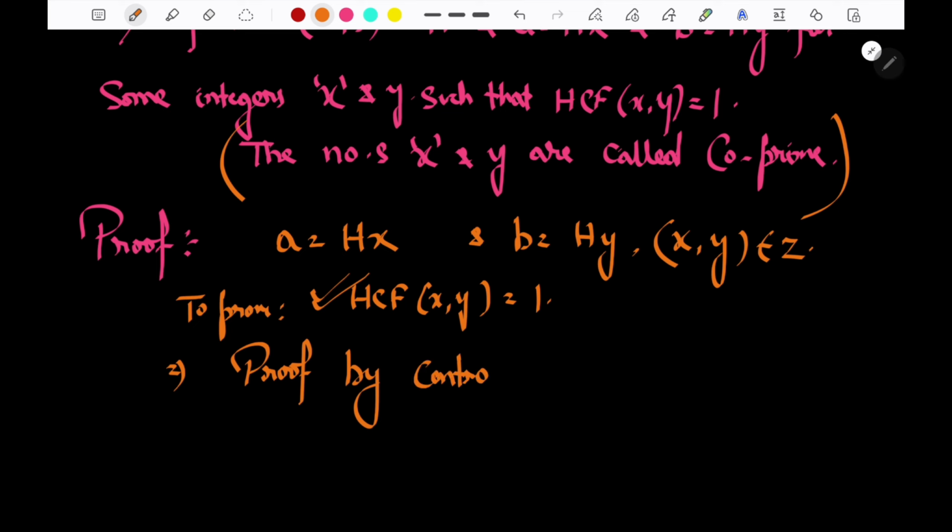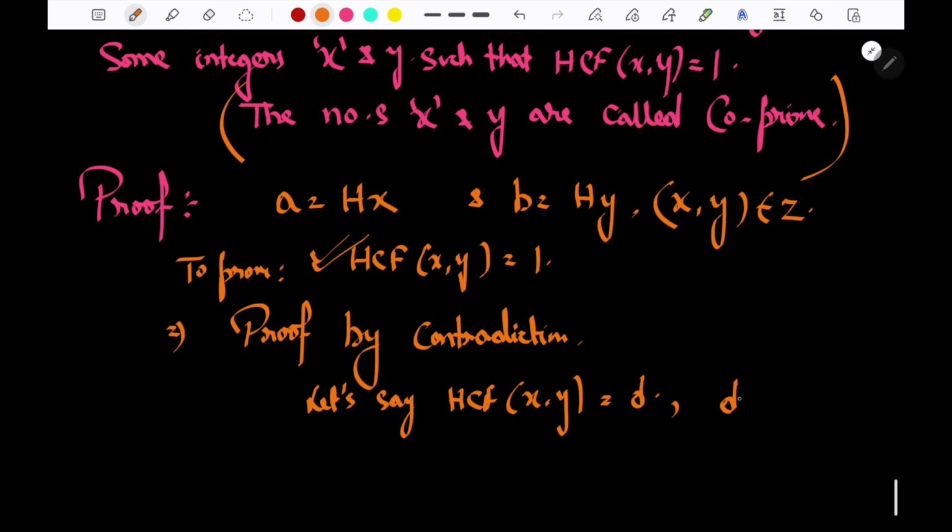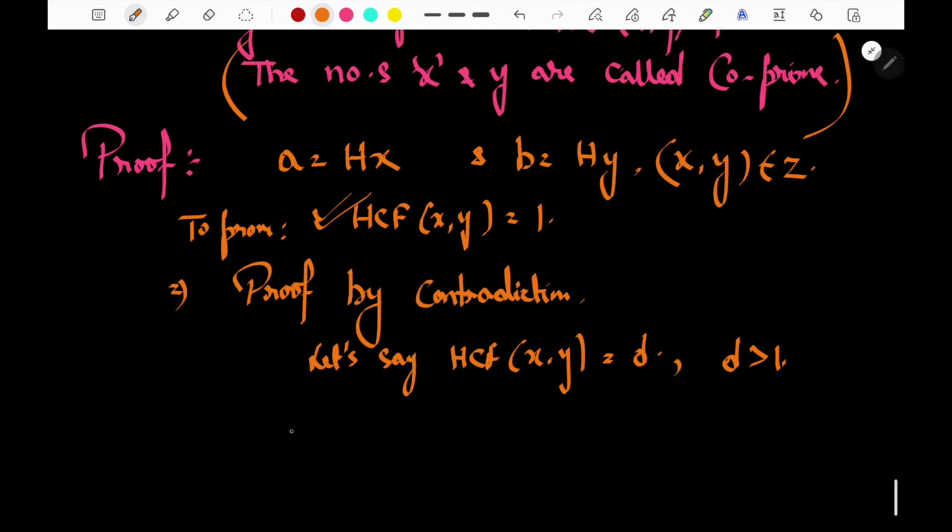So what do we mean by contradiction here? We will assume, let's say, it is not 1. Let's say HCF of x comma y is equal to d, where d is greater than 1. Then x is equal to some d into z, and y is equal to some d into w.